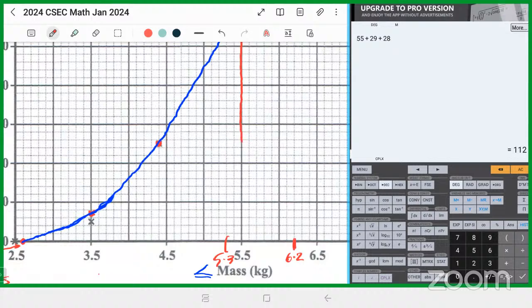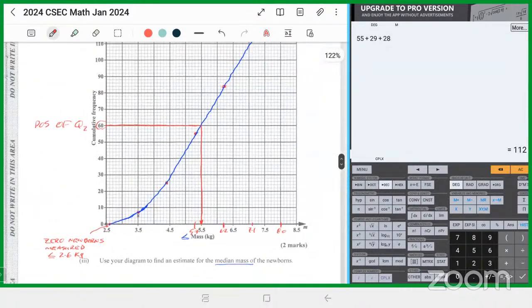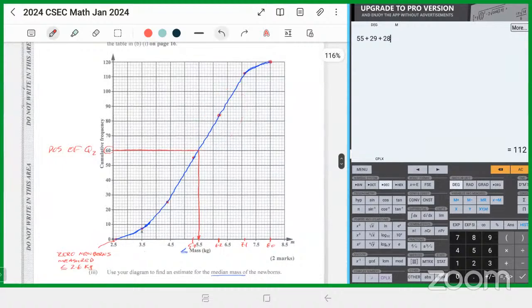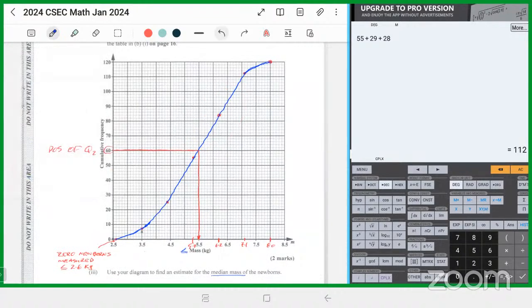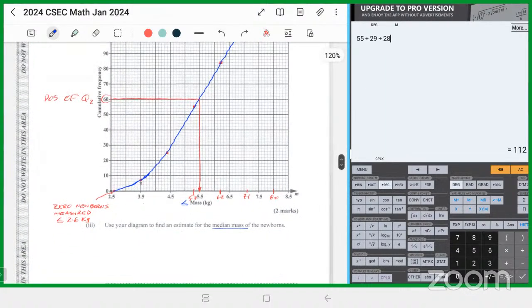I want to say it's 5.5. Not everybody is going to get 5.5, guys, because it all depends on how you draw your graph. Some persons might have drawn this part a little bit lower down, or a little bit more above. So it can vary a little bit. You don't have to get the exact value that I've gotten.